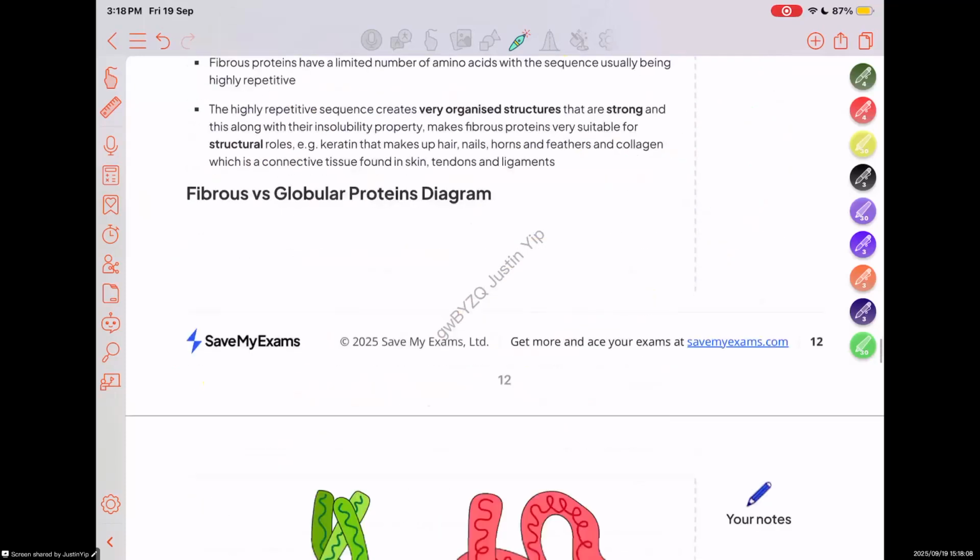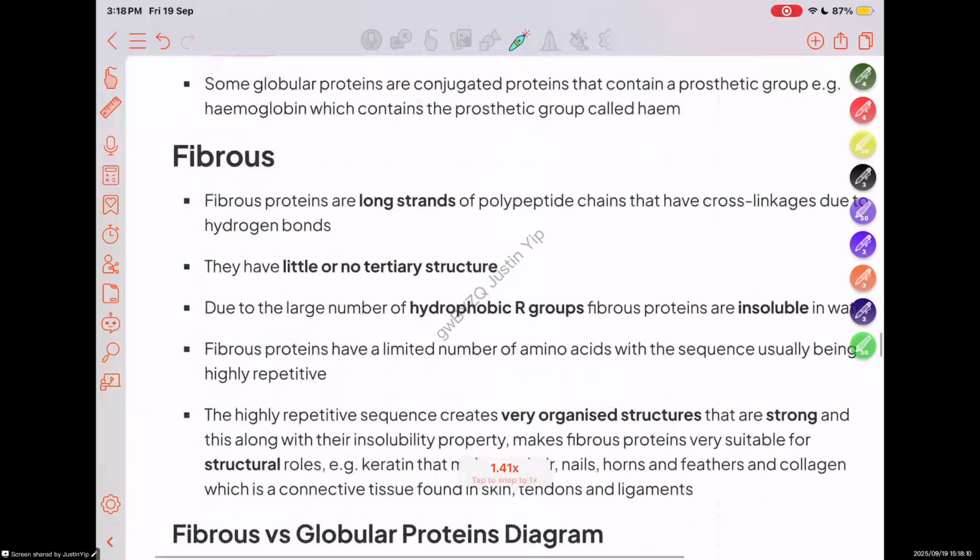Fibrous proteins are long strands of polypeptide chains. They have little or no tertiary structure. Fibrous protein is normally primary and secondary structure, while globular protein has tertiary structure and also quaternary structure.